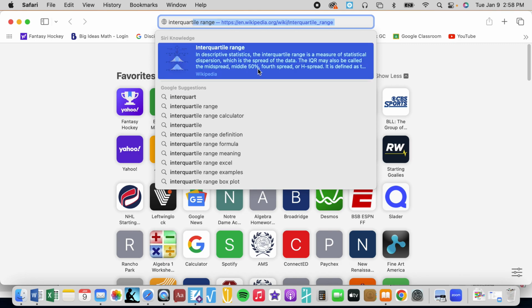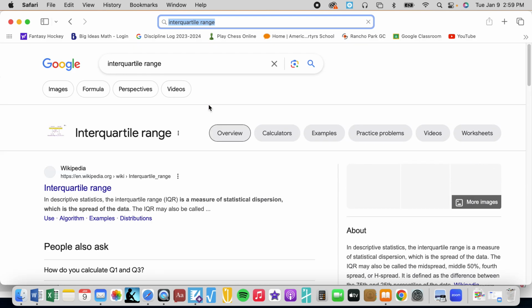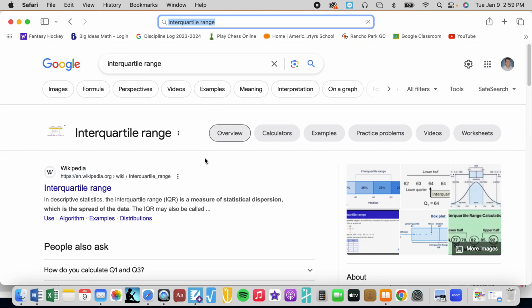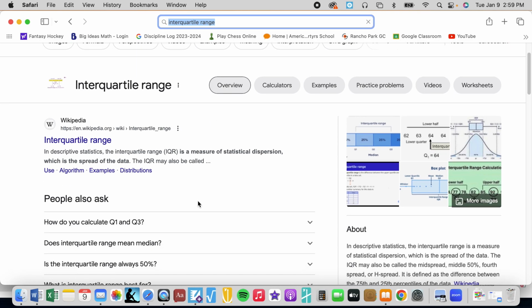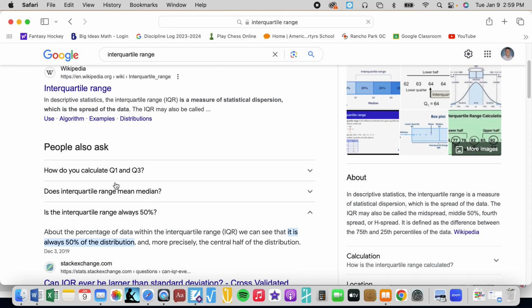Yeah, right. It's the 2nd quarter and the 3rd quarter. Pretty sure 2nd and 3rd quarters. That's 1st quartile, 2nd, 3rd, 4th quartile. Interquartile is always 50%. Yeah, of course it is.